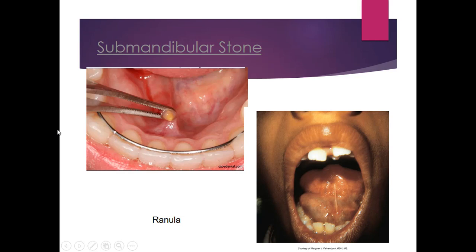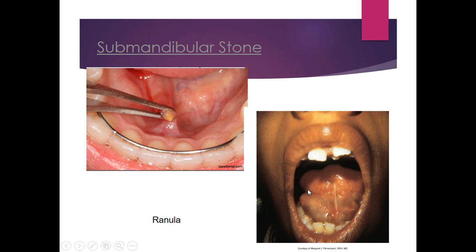So the stone can sometimes be, as they say, milked out of the duct. It can be pushed forward and pulled out, and that's what you're seeing right here. You're seeing a stone come out of that submandibular gland.